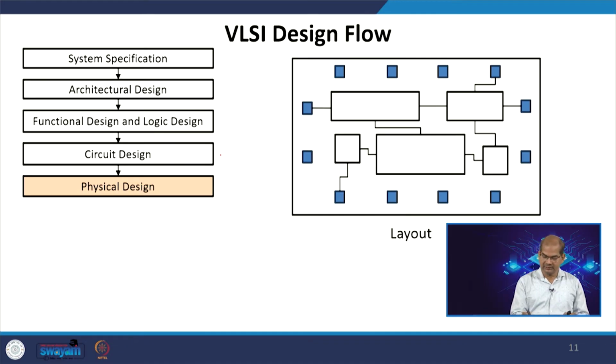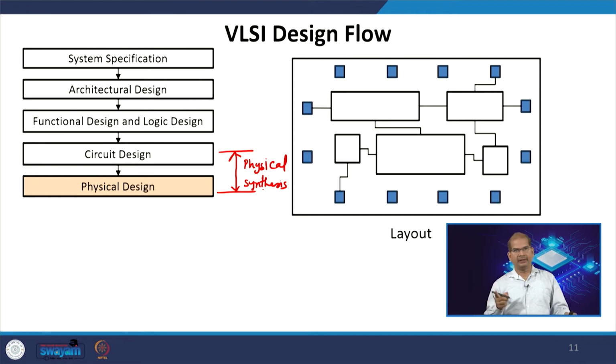The physical design, this transformation from circuit level design to the physical design is called physical synthesis. So, what it does, you have a gate level netlist, and from the gate level netlist we are creating the layout of your design using some physical synthesis tool.